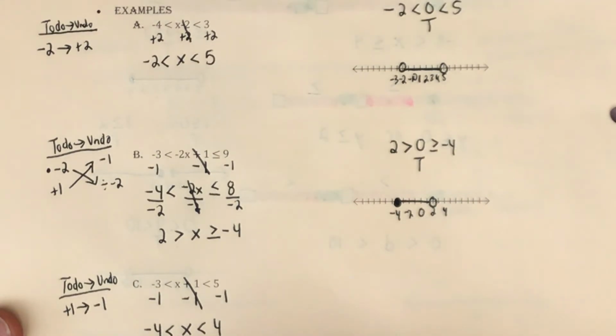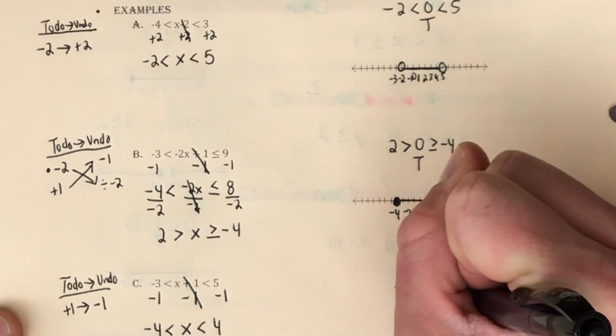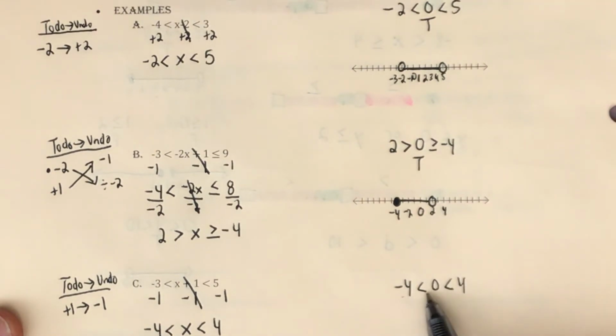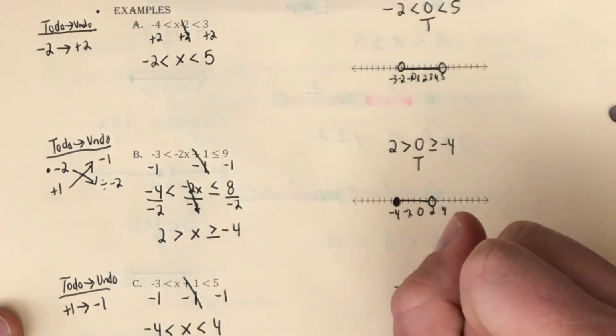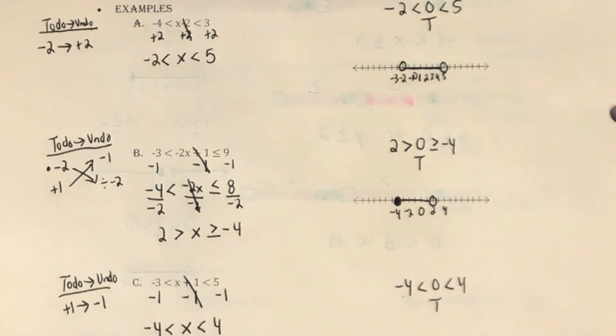Now, no portion of an equals sign on either inequality symbol, so no filled in circles. Then choose a number in the middle. It should work out to be true, but let's make sure. So I choose 0. So negative 4 is less than 0, which is less than 4. Well, negative 4 is less than 0, and 0 is less than 4. So that is true. So again, 2 circles with a line connecting them would be what my graph looks like.